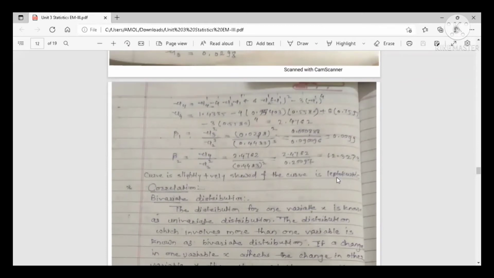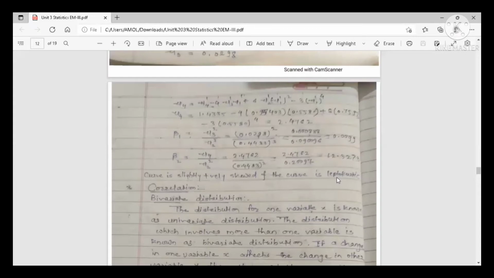In the previous lecture also we discussed an example on moment, skewness and kurtosis. In the first example, raw moments were given. We calculated only the central moments and beta 1, beta 2. But in this example, we were given the frequency distribution, and from the frequency distribution we calculated raw moments first, and from raw moments we calculated central moments about the mean.